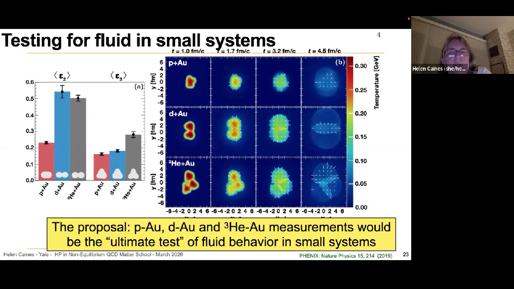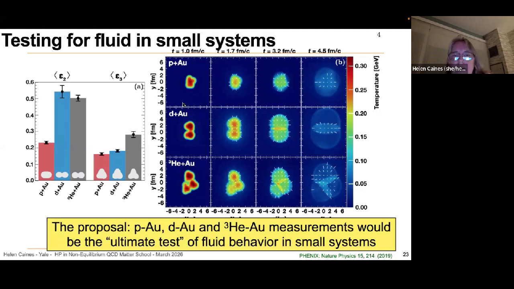Here you see the theoretical idea behind it by our collaborators at RHIC on the PHENIX experiment. They said, if I collide p+gold versus d+gold versus helium-3+gold, I should see differences in the elliptic flow. If a p hits a gold, there's no real ellipticity, so you wouldn't expect much of a v2 signal because the p is very small but spherical.